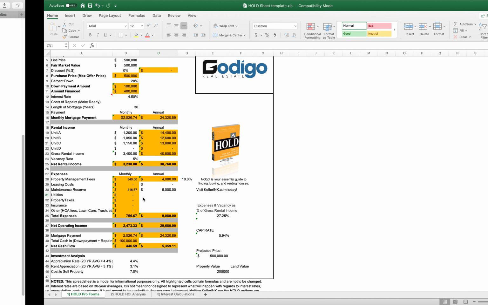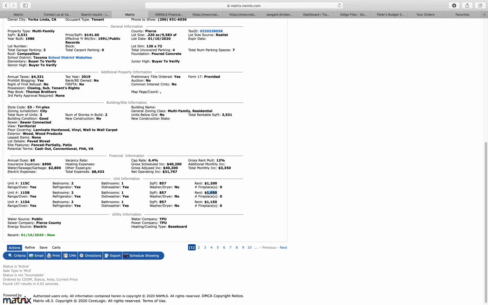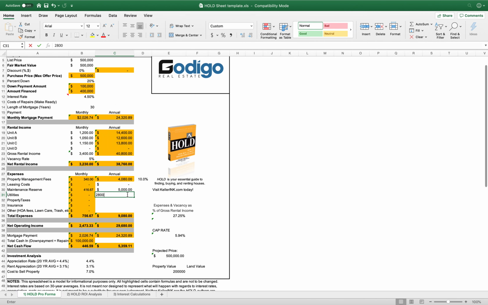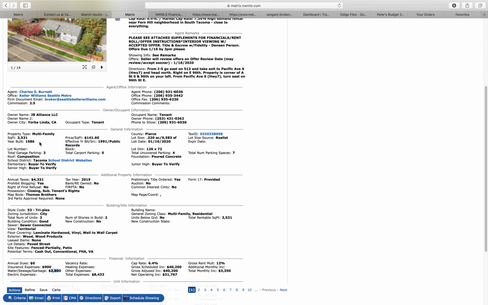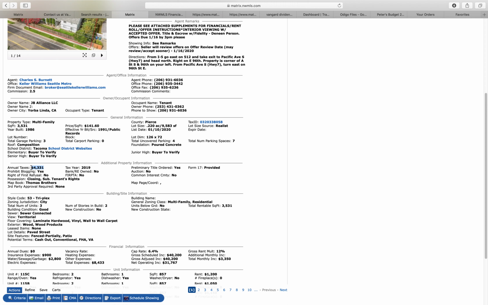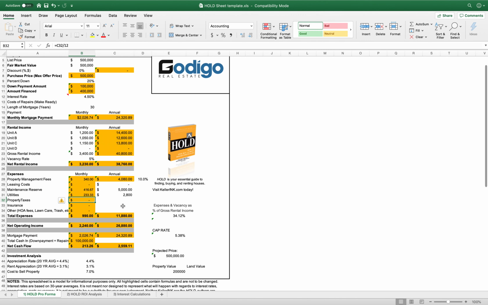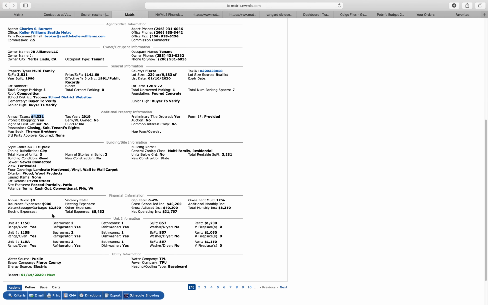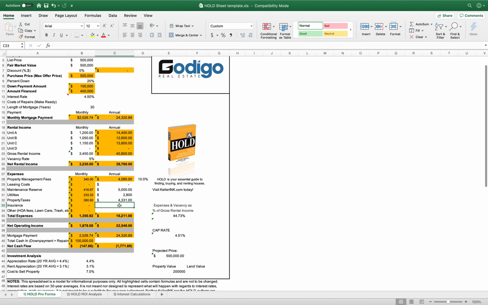Utilities, it all depends, but in this particular case, they have utilities at $2,800 a year. So let's just plug that in. Property taxes, again, this should all be public data: 4,331. So let's put 4,331 here. And then insurance, they have it at $900 a year.